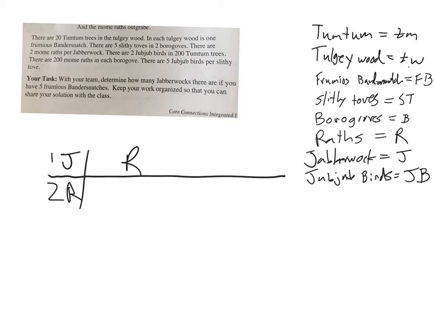My goal is to get all the way to the Frumious Bandersnatches, because they asked how many Jabberwocks there are if you have 5 Frumious Bandersnatches. We'll get there. But first, what do I know about Wraths? It says there are 200 more Wraths in each Borogrove. So I have 200 Wraths per 1 Borogrove, and I made Borogrove be a B. If I have Borogroves on the bottom, I need Borogroves on top.